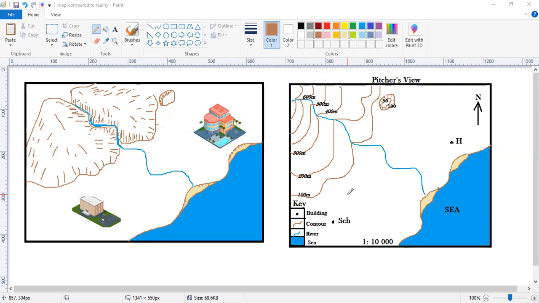So, geography has 5 main themes, and the foundational theme of geography is location.